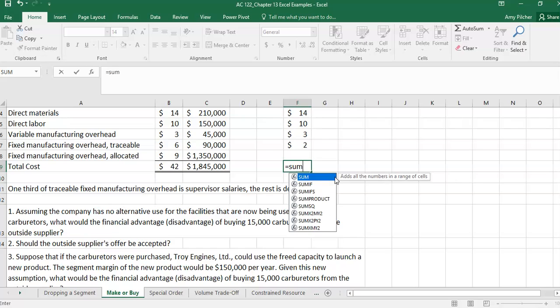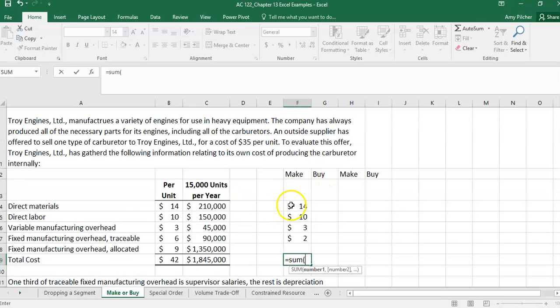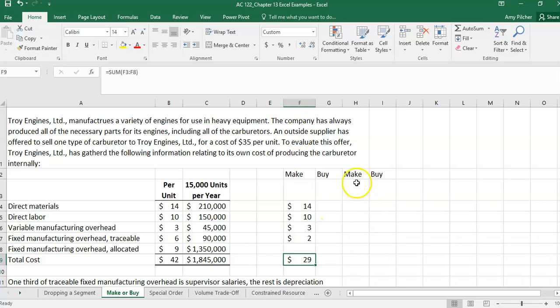So if we add up these costs, the relevant cost to make the part is $29. The relevant cost to buying the part is $35.